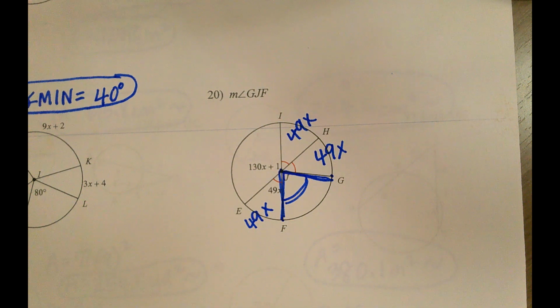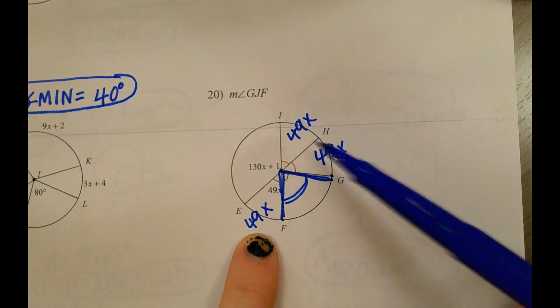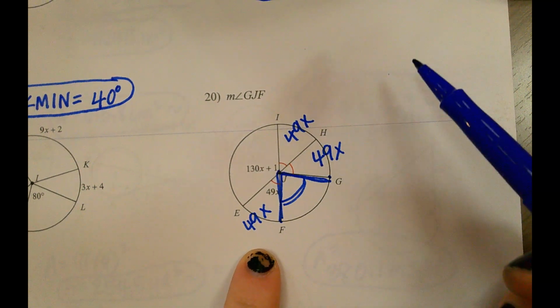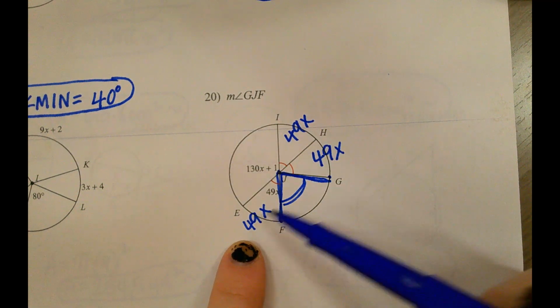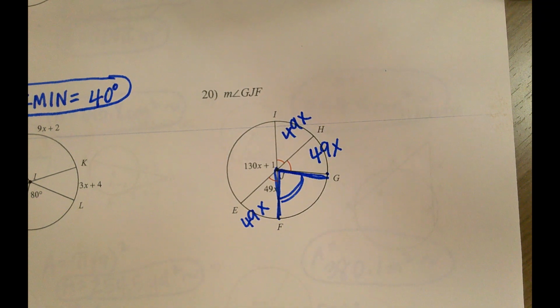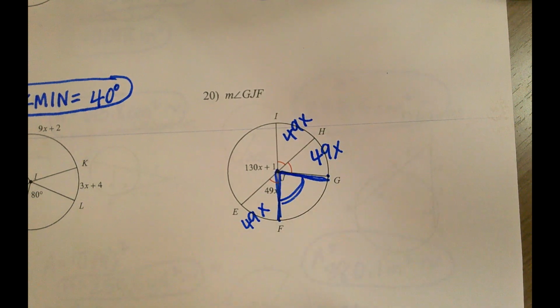You add all the 49x's together. You could do that. What would that be equal to? Do we know? We don't want to do anything unless we're certain that it's equal to either 180 or 360. That's where I would start, since I don't have every angle labeled with some value. Oh, okay.